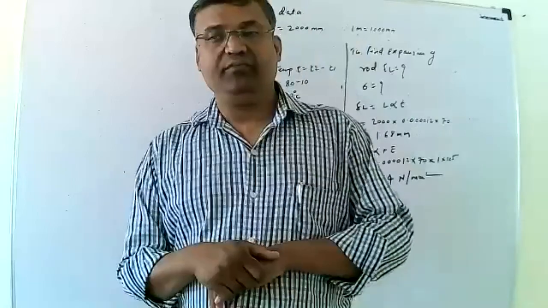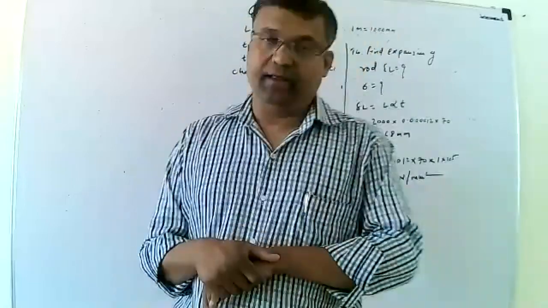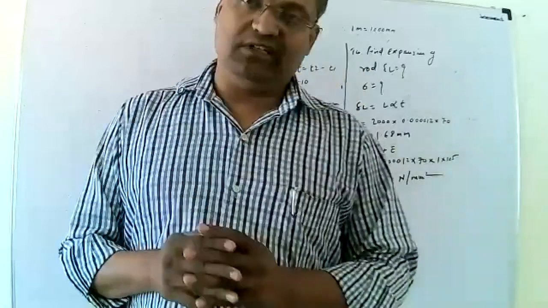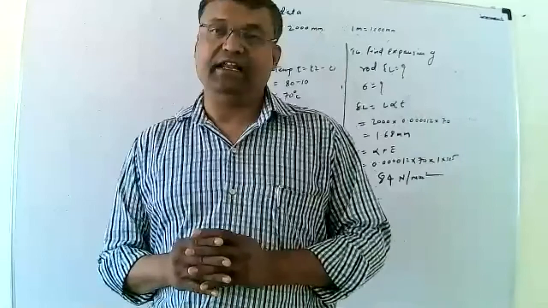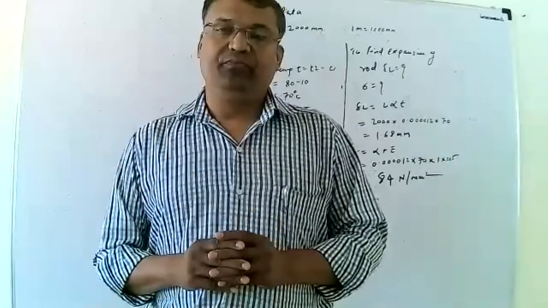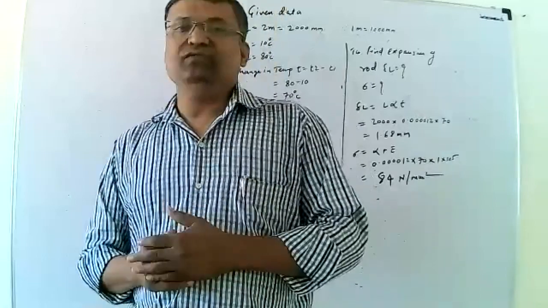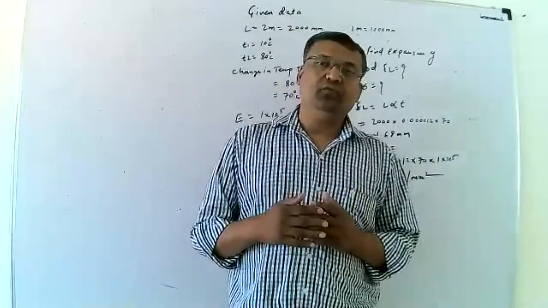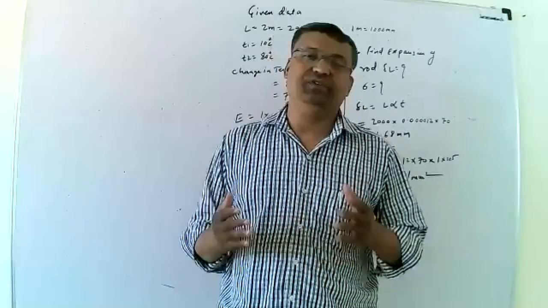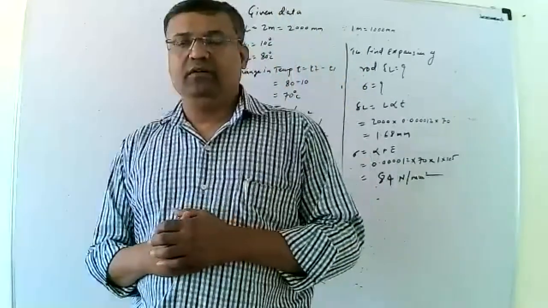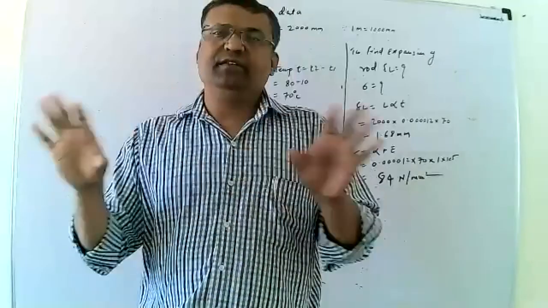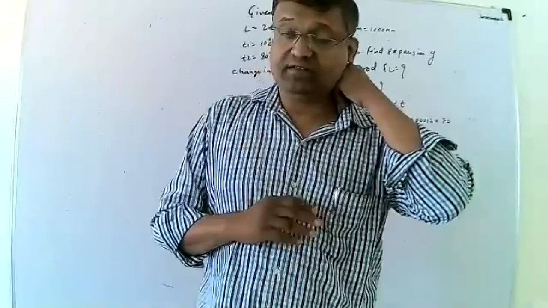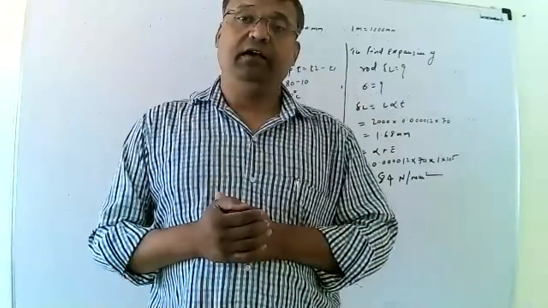According to the standard relations, delta L is equal to L alpha T, and sigma is equal to E alpha T. We can use both relations for finding the values of delta L as well as sigma. After getting the values of delta L and sigma, which type of stress is induced in the material? Particularly the specimen which is fixed at both ends, and the temperature rises up to 80 degrees Celsius.